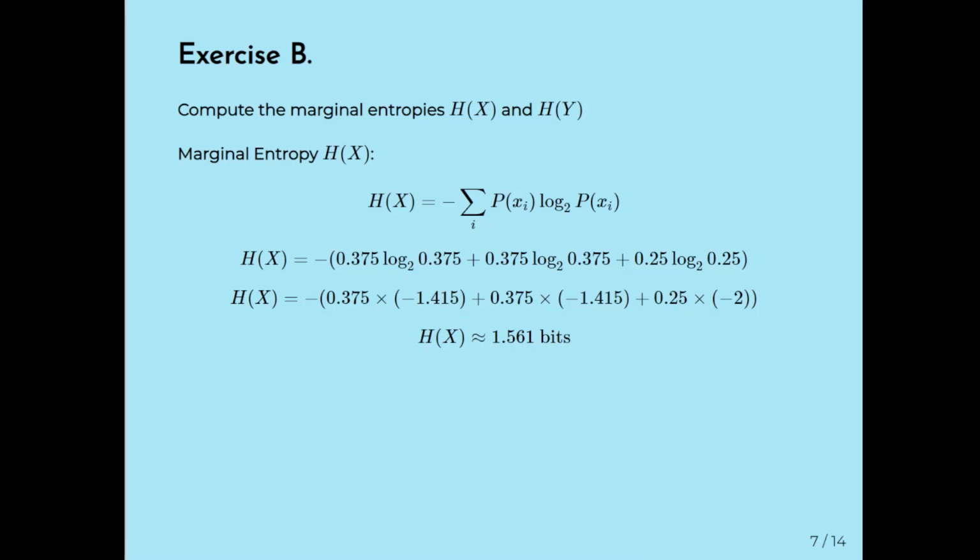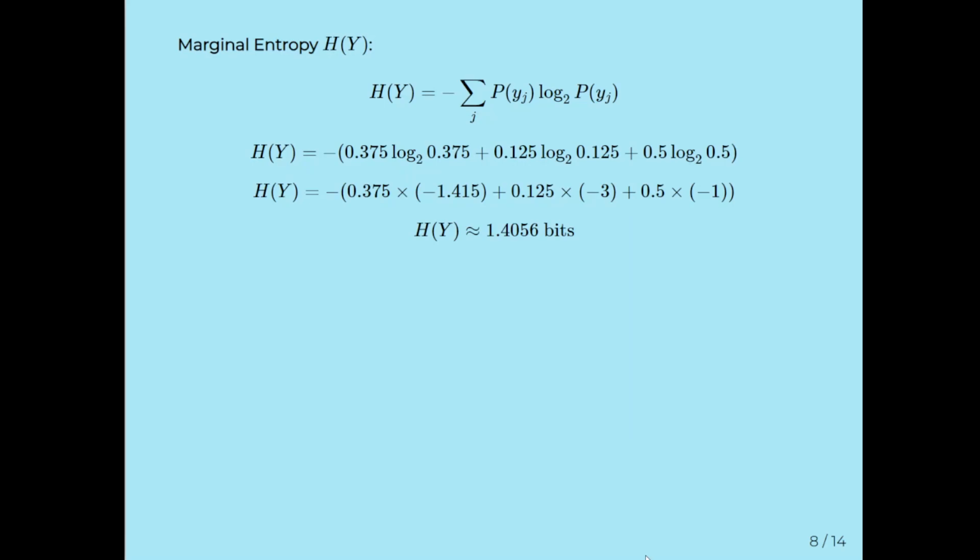Moving on to the entropy of y, something similar here. For each of the symbols, we calculate the probability of the symbol times the logarithm of that. So 0.375 times log to the base 2 of 0.375, plus 0.125 times log to the base 2 of 0.125, that's minus 3, and 0.5 times log to the base 2 of 0.5, that's minus 1.